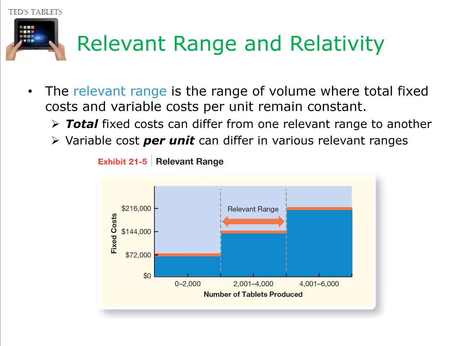Well, if the company increases production to the 4,001 to 6,000 unit level, TEDS tablets may get a 10% discount on battery costs because they are purchasing a larger quantity of batteries. To estimate costs, managers need to know the relevant range because total fixed costs can differ from one relevant range to another, and the variable cost per unit can differ in various relevant ranges.